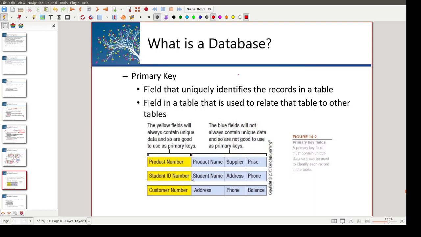For example, student name: we can find a student called Muhammad Ahmad, and we can have another student called Muhammad Ahmad, so the name is not unique. The address is not unique either. Maybe many people live in the same building, so you cannot distinguish between people using their addresses or their phone numbers. But the student ID number is a unique identifier for this individual student.